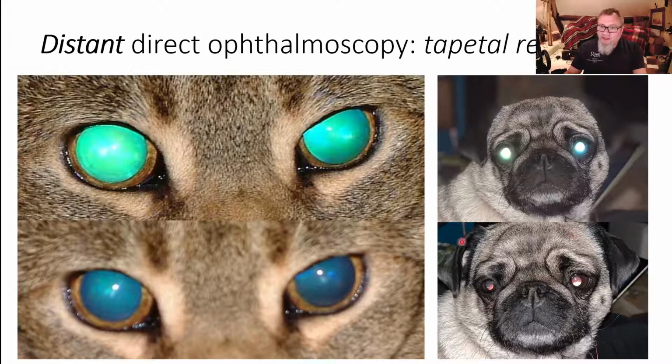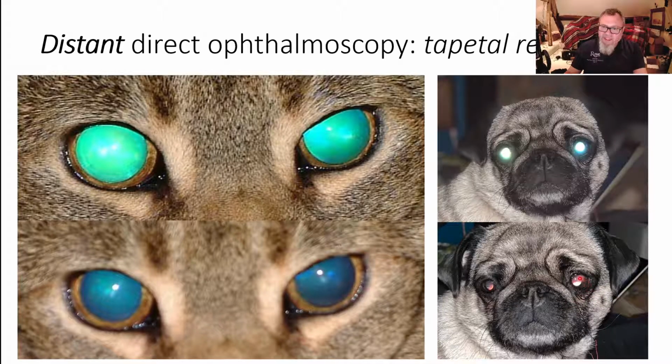It's my own dog Peggy, a lovely little pug. And when she looks straight towards me, we get these beautiful bright tapetal reflections. They're circular, they're equal, there's no dyscoria. When she looks away from me, rather than the bright bluey green colour where the tapetal fundus is being reflected back at us, we get this brown and pink view, which is actually this light reflecting off the edge of the optic nerve, and the non-tapetal fundus is inverted because of the optics of the eye.